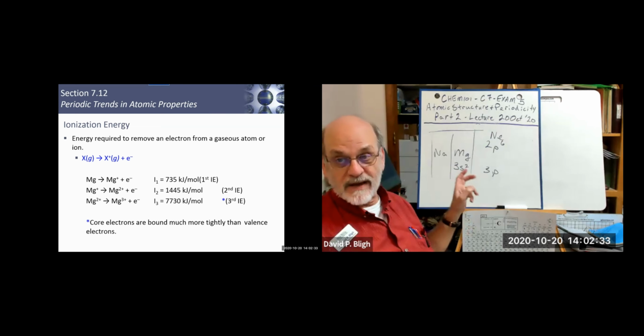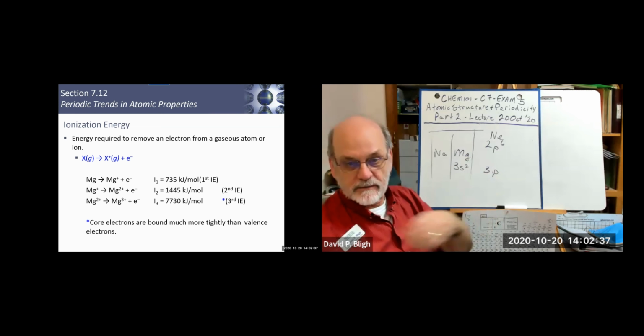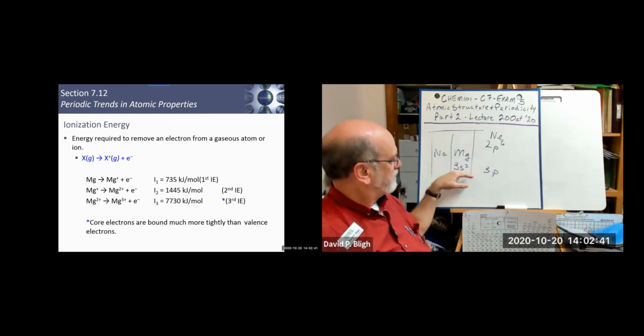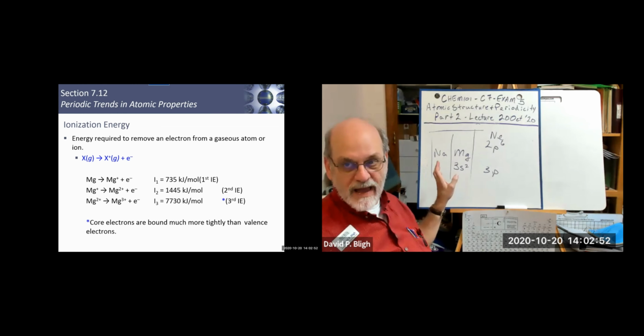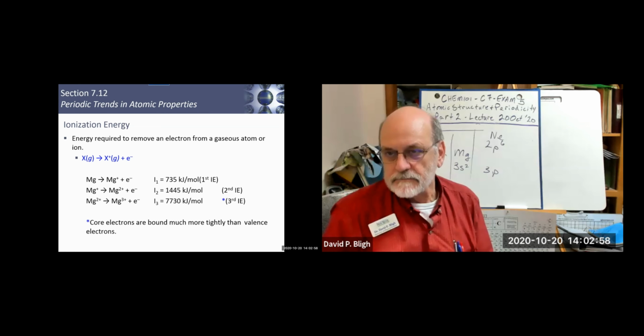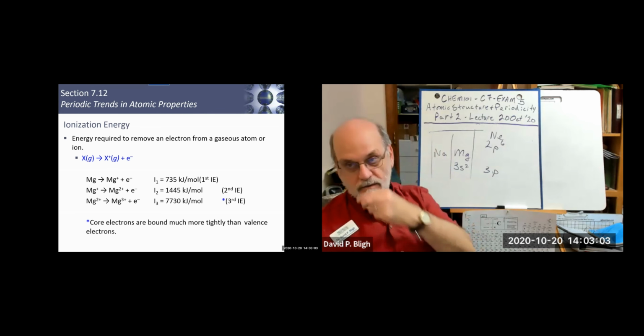And while the second one may take more energy, it's a small stepwise increase. In this case, double the amount of energy. But once you remove the valence electrons, what's next? The only thing available after that is what we call the core electrons. And the core electrons are bound very tightly. Why? Because they fill their orbitals completely and they're chemically happy.